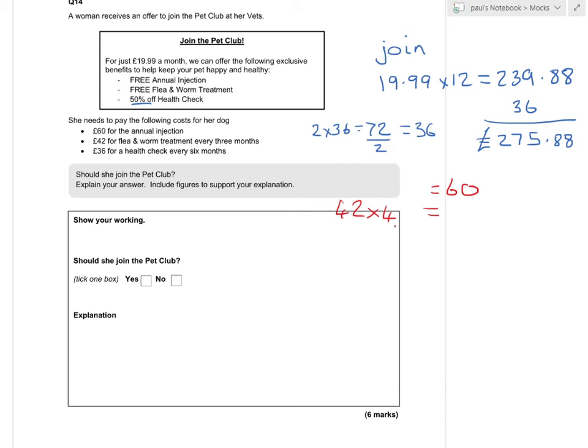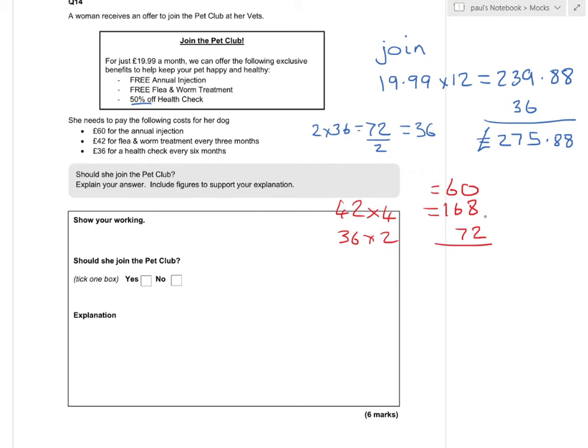So 42 times 4 is 168. And she's got to pay a health check every 6 months. So there's a 36 times 2, which is another 72.